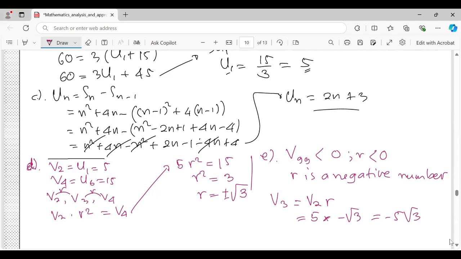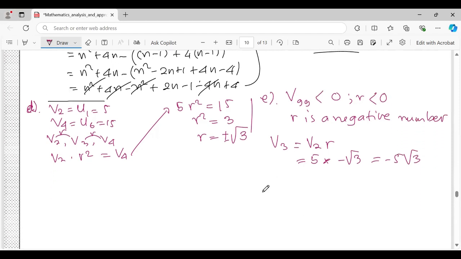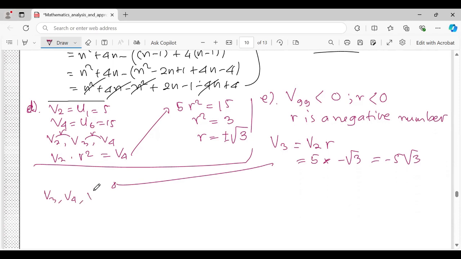Next. I'm going to move here. So V3, V4, and V5, there is a ratio here. So V3 multiplied by R equals V4, multiplied by R equals V5. So V5 equals V3 multiplied by R squared.